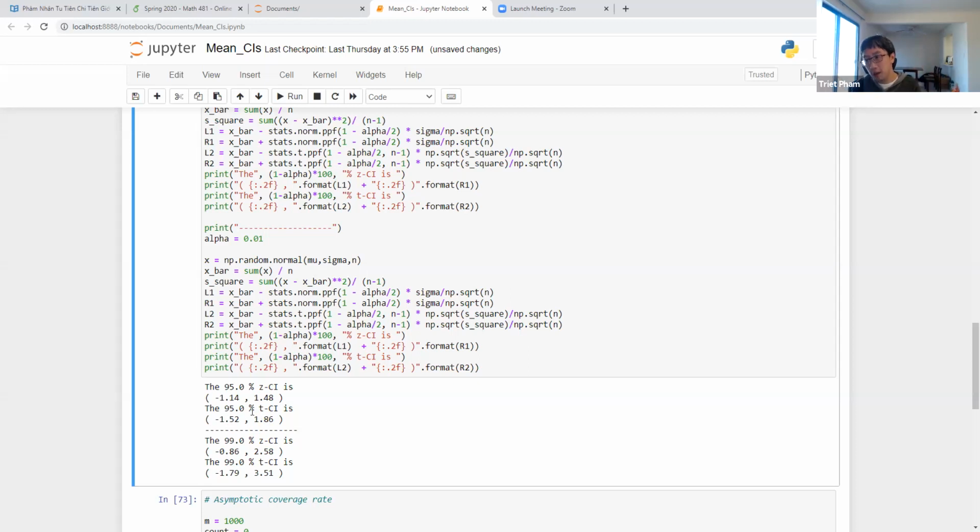Why? Because the t is more flat, it has a fat tail. So the fat tail effect requires you to go to a bit larger. But also you can argue that because you don't know sigma, there's some randomness. You have to go out further to catch the same coverage. These are both coverage for mu.